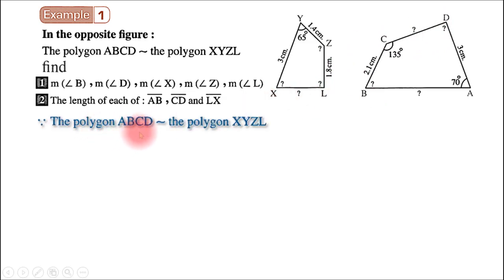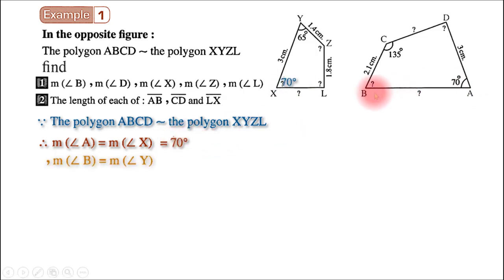First, since polygon ABCD is similar to polygon XYZL, then the corresponding angles are equal in measure. Then the measure of angle A will equal the measure of angle X, which equals 70, therefore the measure of angle X also equals 70 degrees.